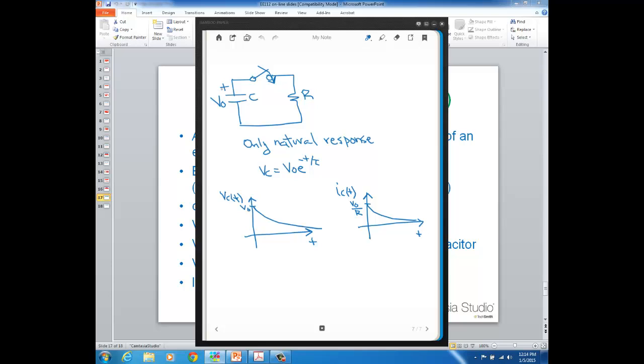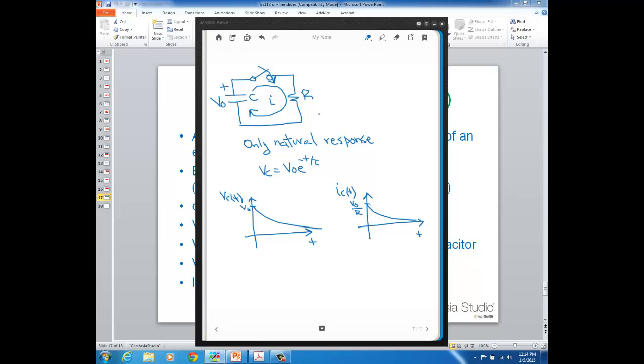Here there's an initial voltage across the capacitor that we have labeled V0, and when the switch closes, that provides a path for the current to flow from this capacitor to where the resistor is. Once that switch closes, the current is going to flow like that from the higher end voltage of the capacitor to the lower end.